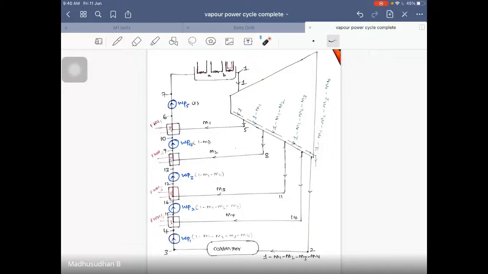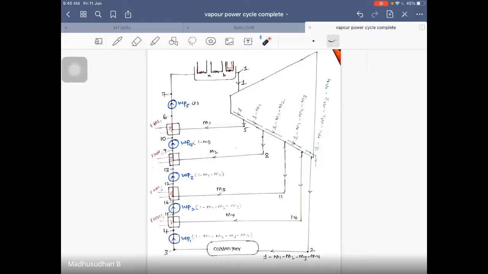Okay. So there is a small assignment, guys. You have to take a screenshot of this, draw this particular figure in your notes, and with this figure, you have to give me the TS diagram. Understood? Looking at this figure, you have to draw me the TS diagram.